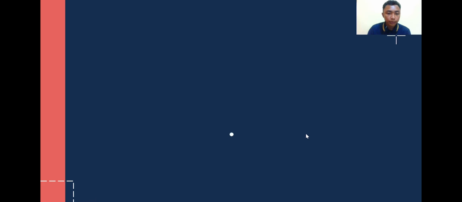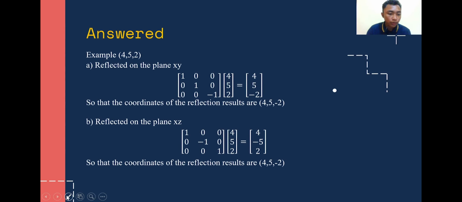So the answer will be like this. For example, we have the coordinate 4, 5, 2, and the formula in the slide is this. This is the formula.